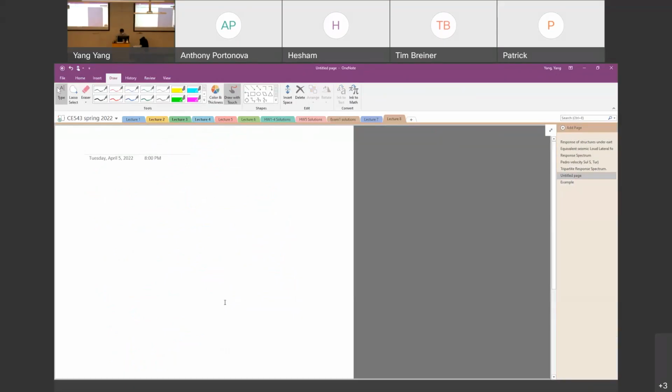Okay, so now let's talk about the procedure to make a response spectrum. That is very important. This is a standardized procedure. I believe using this procedure, you should be able to complete your project.